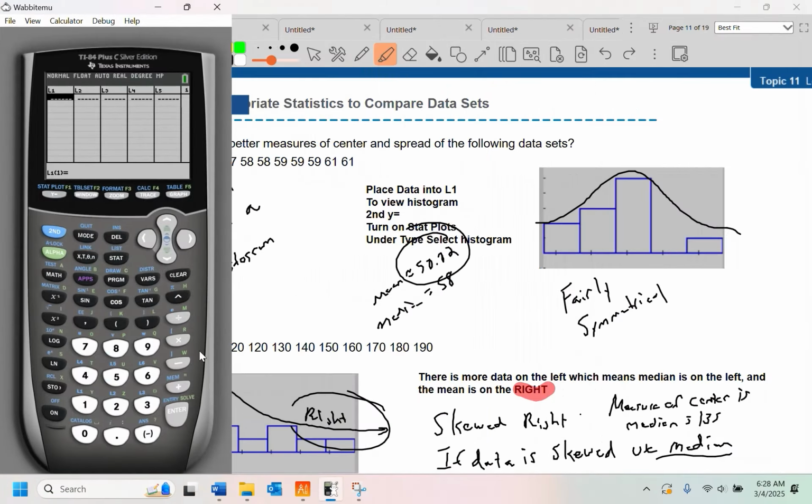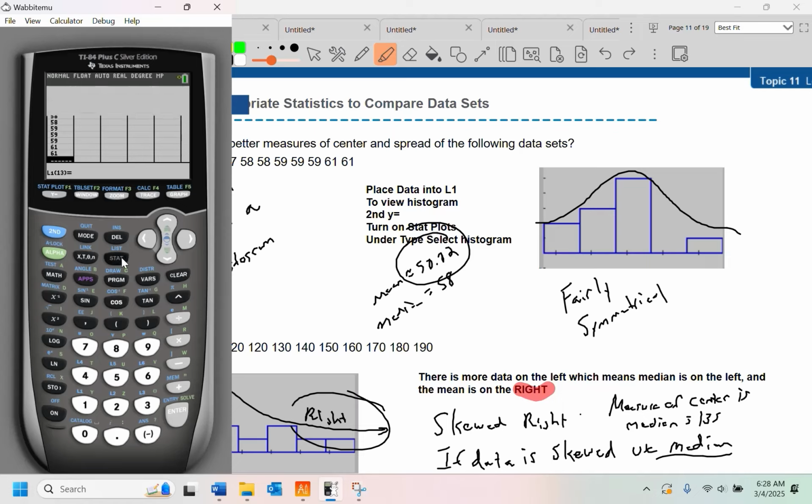That thing is multimodal, isn't it? I don't know if you noticed that or not, but it's got more than one mode. It's got 57 and 59 as the numbers that occur most often. It's bimodal. It has 2 modes.